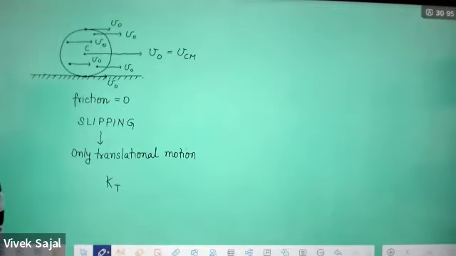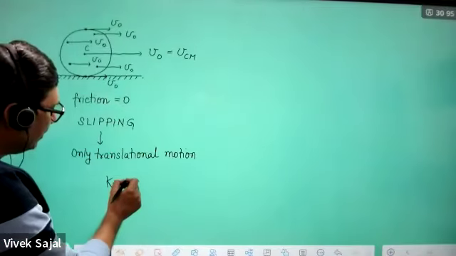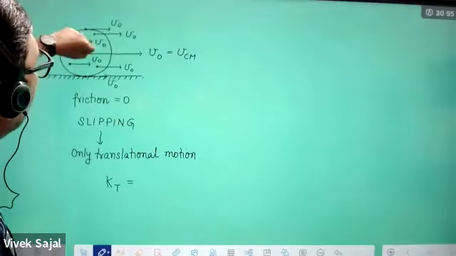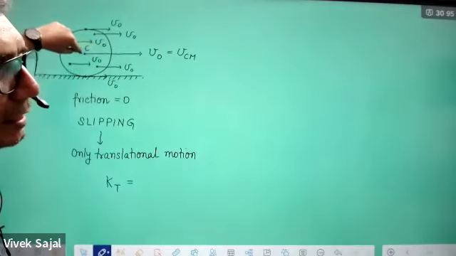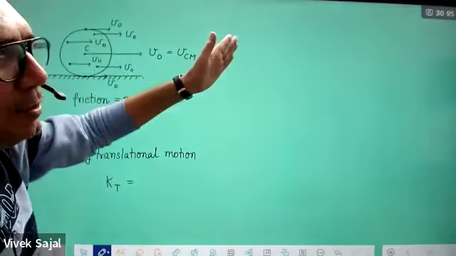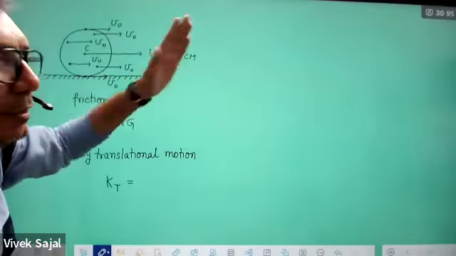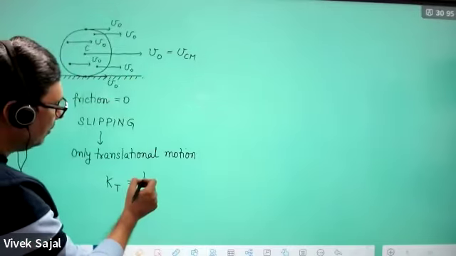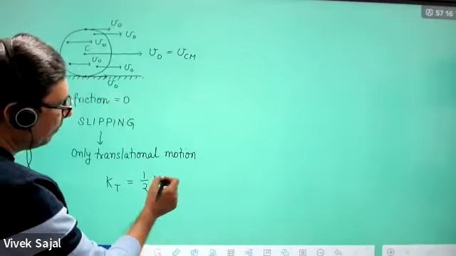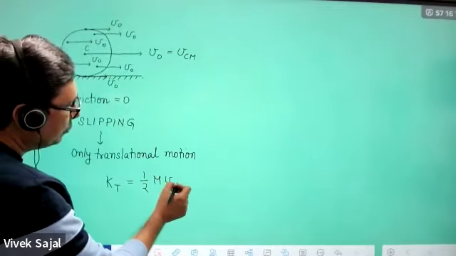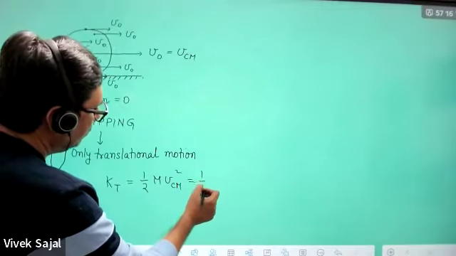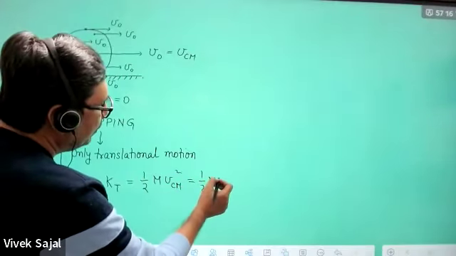Translational kinetic energy. So what will be the translational kinetic energy? Here you can assume that the total mass of this object is focused at the center of mass, and the center of mass is moving with a velocity v naught in the forward direction. So the kinetic energy will be 1 by 2 m vcm square, and vcm is v naught. So this will be 1 by 2 m v naught square.